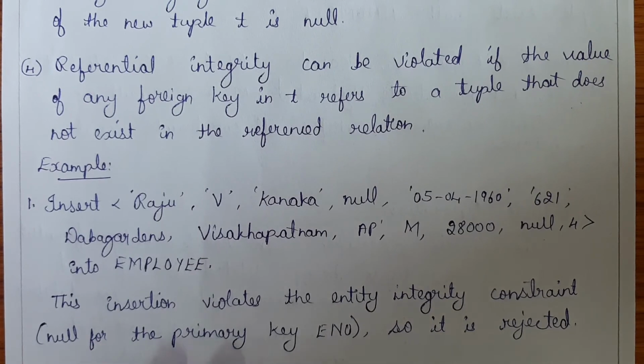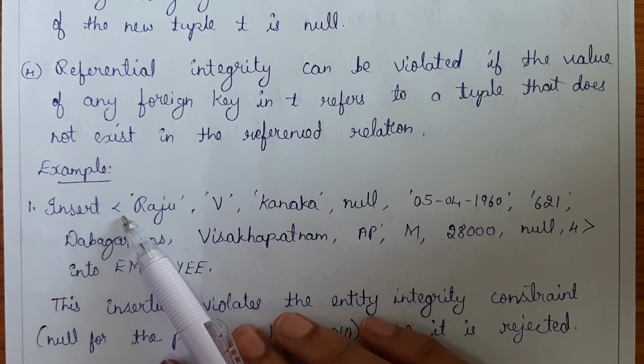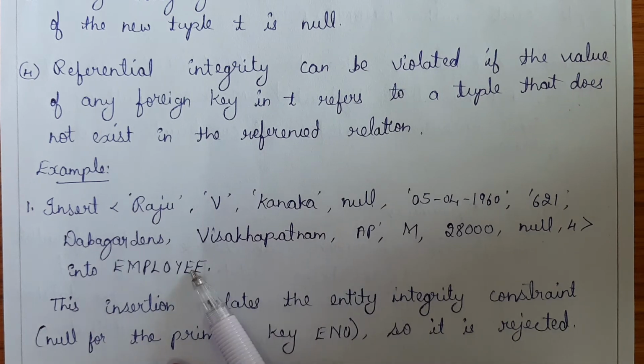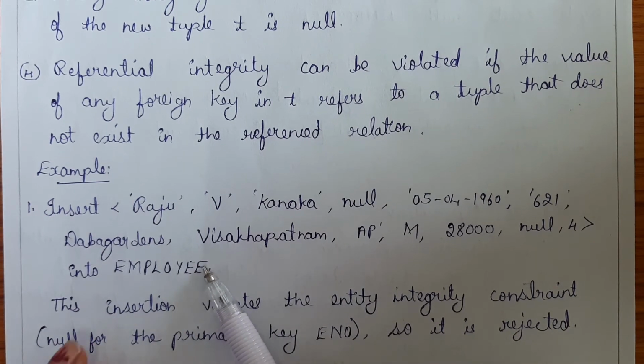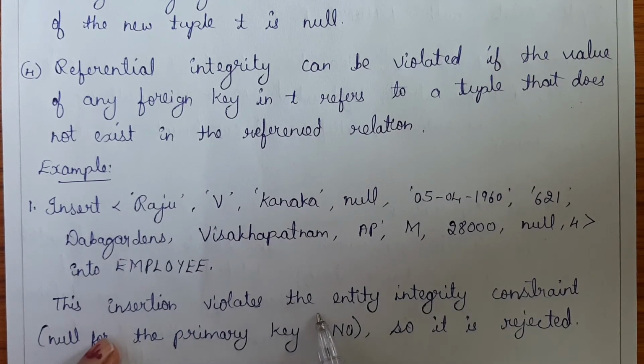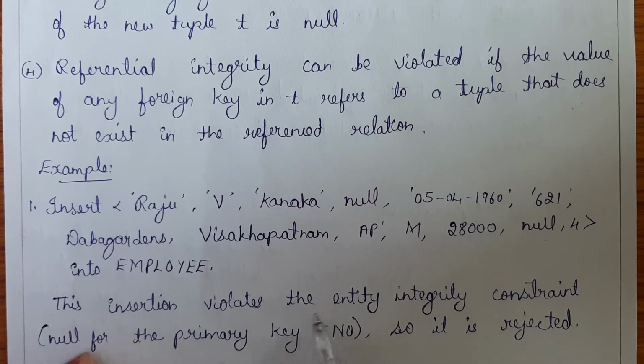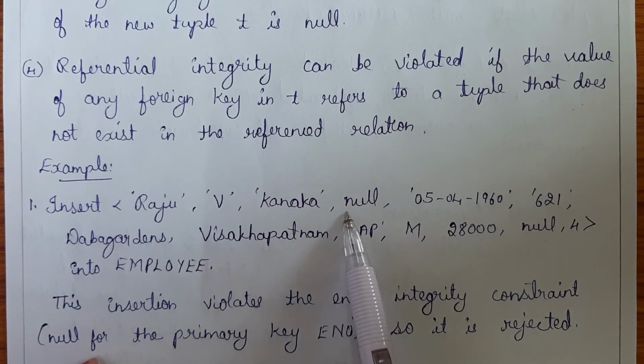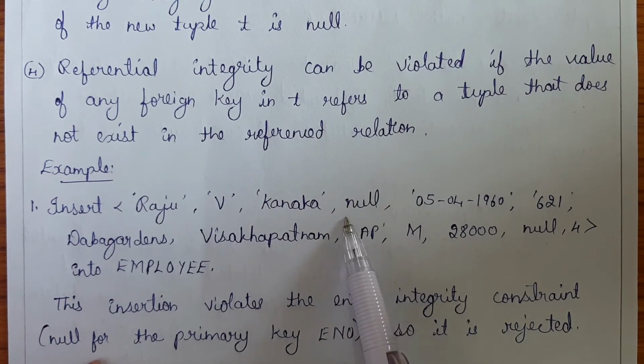Okay, in the first example, we have inserted some values into the employee table. What happened? This insertion violates the entity integrity constraint, because the primary key is null. Here the employee ID is null.